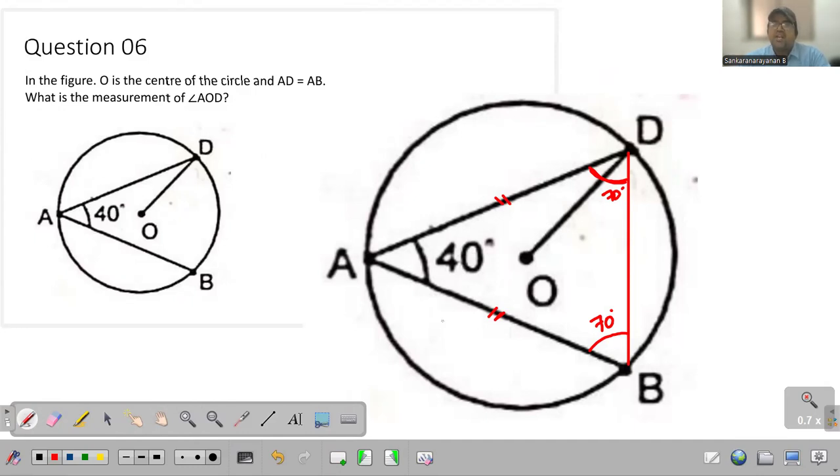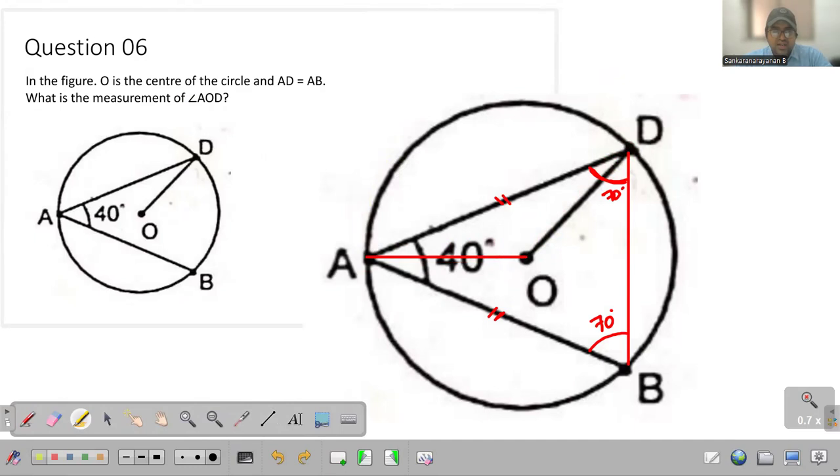Now, when I am observing further, they are asking us to find the measure of angle AOD. A to O, O to D. So just imagine if I am going to construct O to A, where O is the center of the circle, it is given. I want you to focus on this AD.